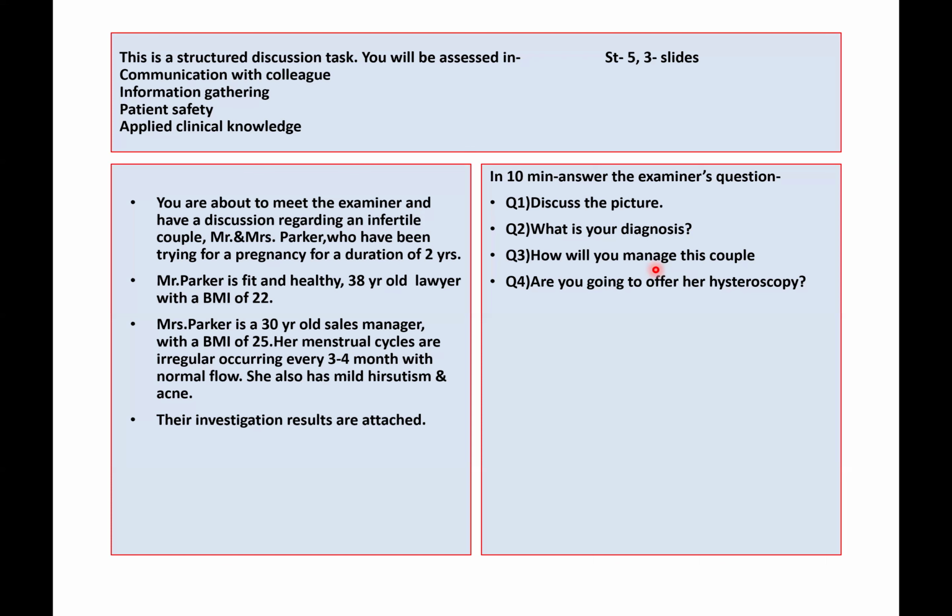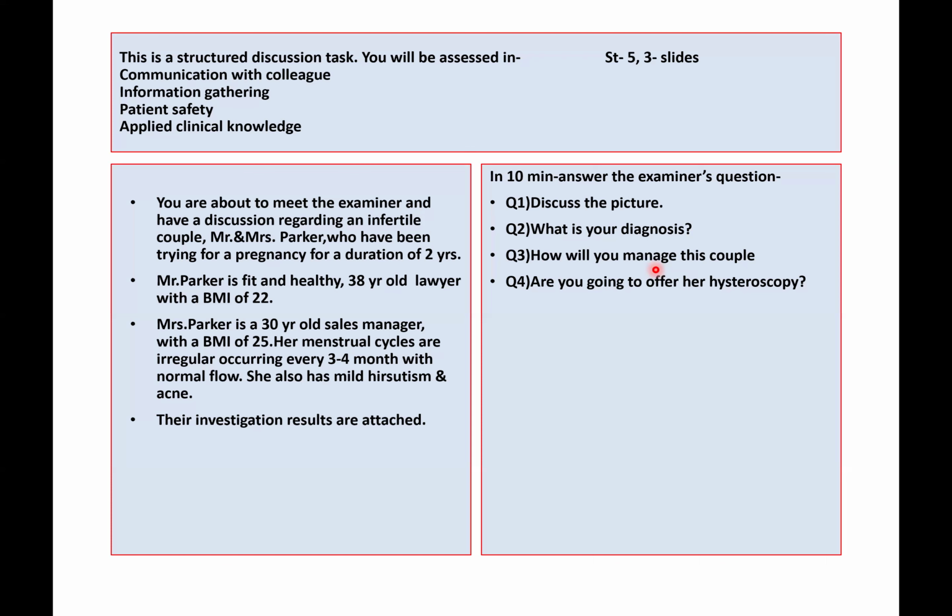Then personal history: smoking, alcohol, and recreational drugs for both of them. Her partner has a BMI of 22, and hers is 25, so both are in range.